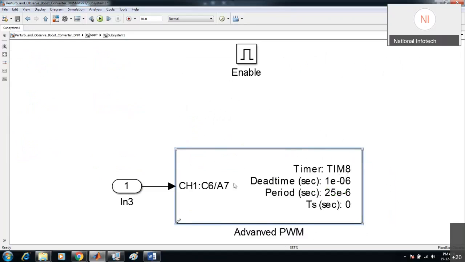So the timer will turn on at that time. Until it is on, the timer won't be generating any carrier waves and comparing it with the duty cycle we are giving. Is it clear? Yes, sir.